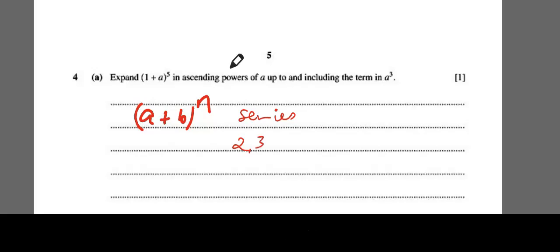We expand this basically into a series, that is a sum of terms, especially when n is a positive integer. And we can take any value like 2, 3, 4, 5, etc.